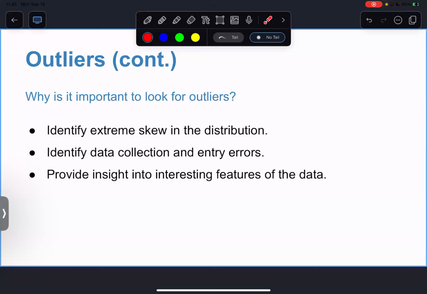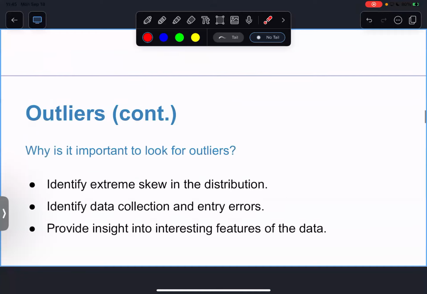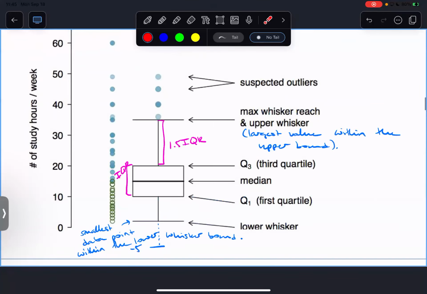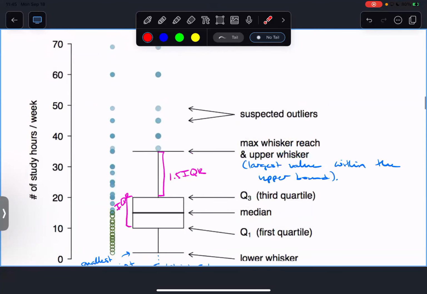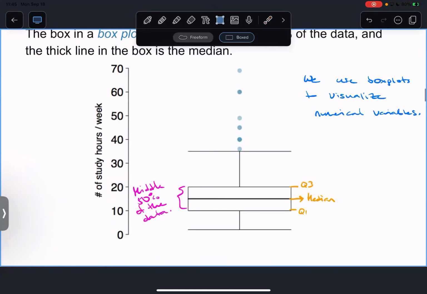Outliers. Why is it important to look for outliers? It gives us the skew of the distribution. So if I'm looking at this box plot here, I'll do a cleaner version.